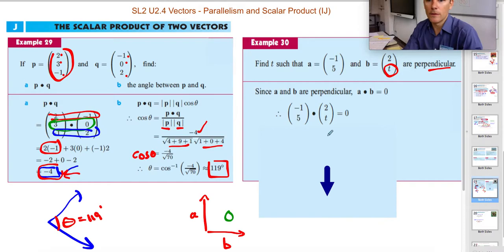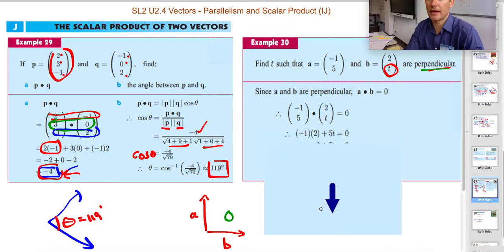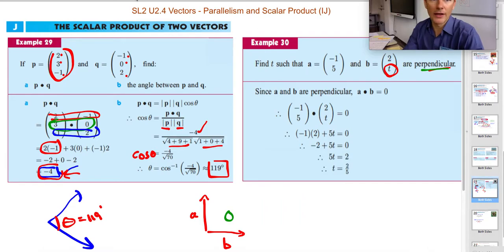That's a property of perpendicular vectors. So then you say the product of this times this, added to the y values multiplied, should give you 0, and you just solve for t.